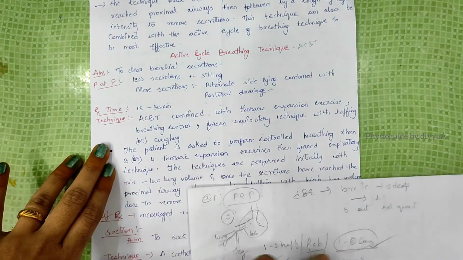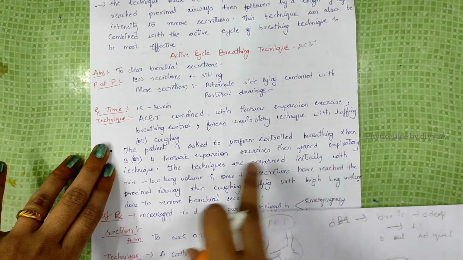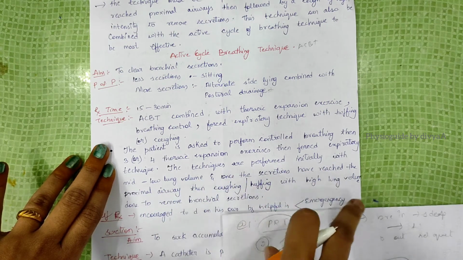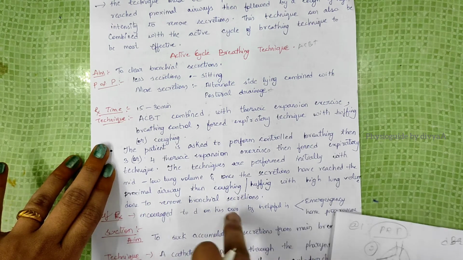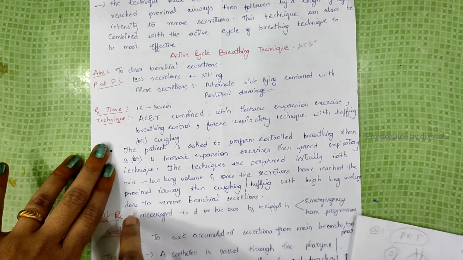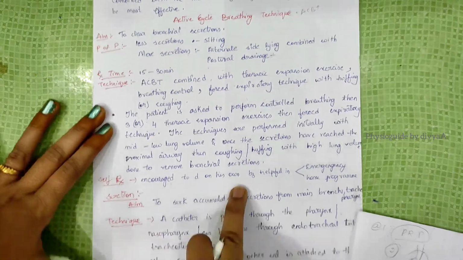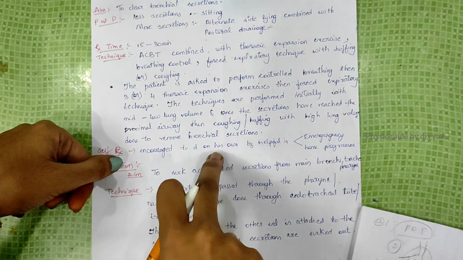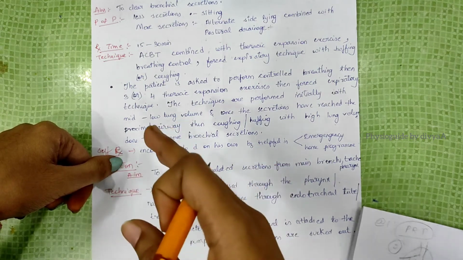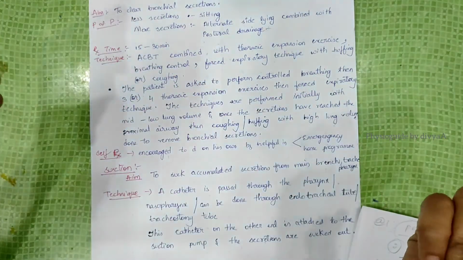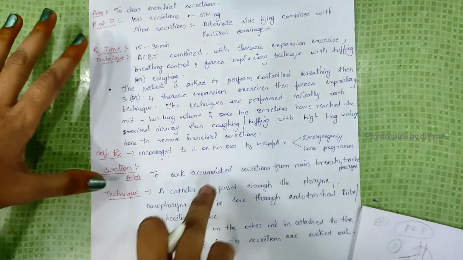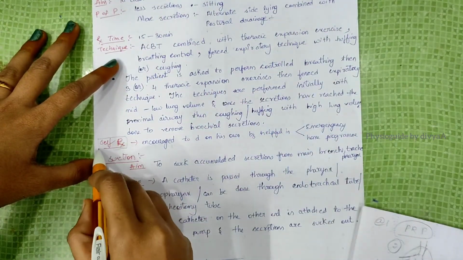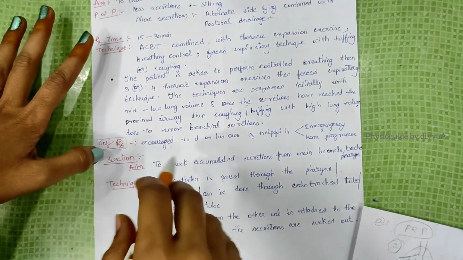The techniques are performed initially with mid to low lung volume, and once the secretions have reached the proximal airways, huffing and coughing with high lung volume is done to remove bronchial secretions. Self-treatment is encouraged, to do on his own, with help in emergency conditions, and as a home program; we must teach them.